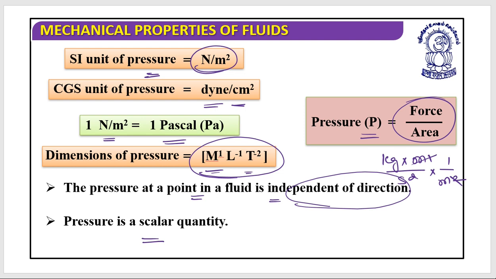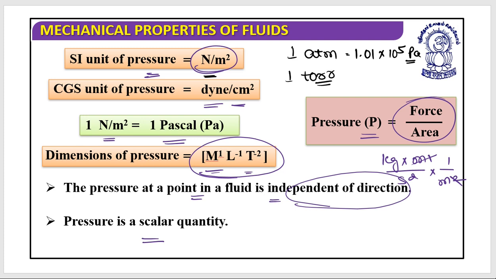Now, which are the different units of pressure other than Newton per meter square, Pascal or dyne per centimeter square? One unit is 1 atm, which we call atmospheric pressure, equal to 1.01 into 10 to the power 5 Pascal. Then there is the torr.